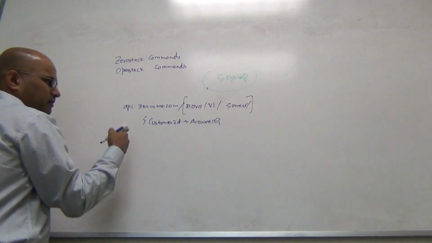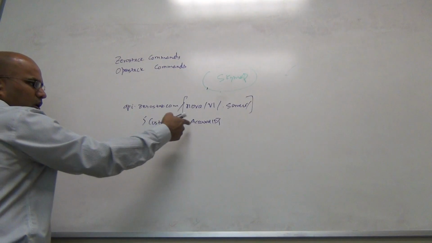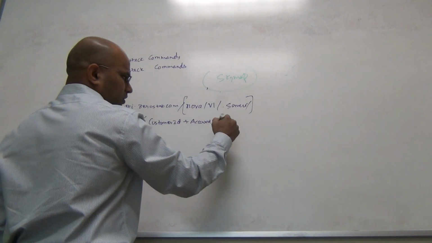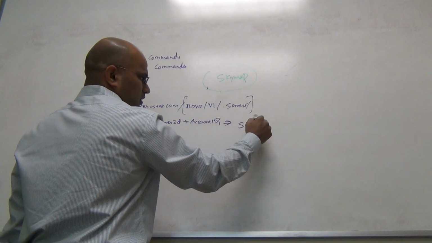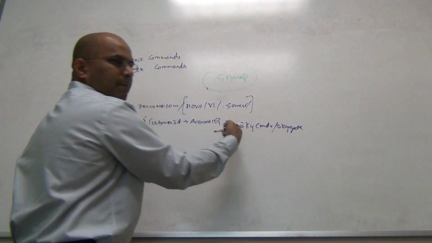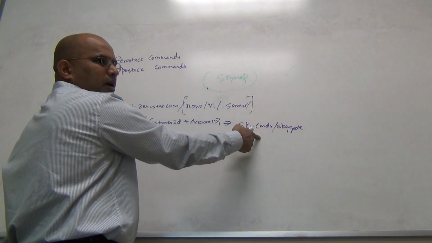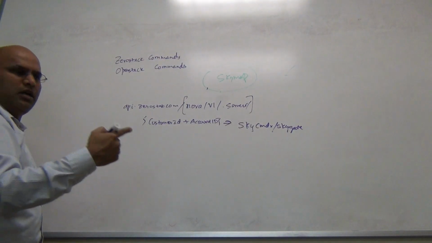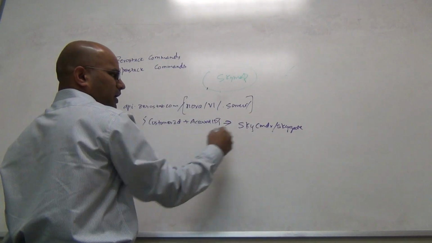Then it takes this request and looks up a Skygate; this is mapped to a Sky Commander Skygate. So we map this to the Sky Commander Skygate by looking up Skybridge, and then we send the command to the appropriate Skygate.